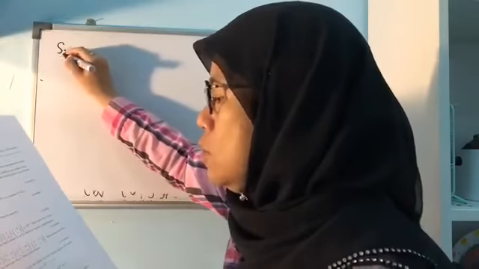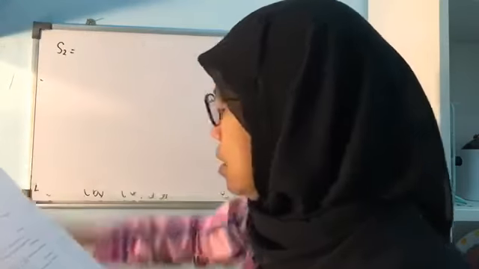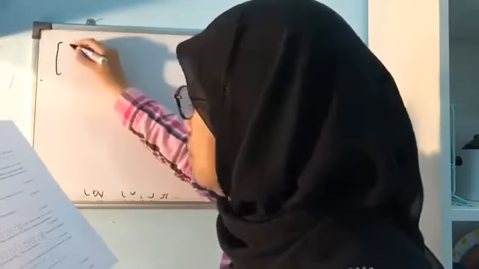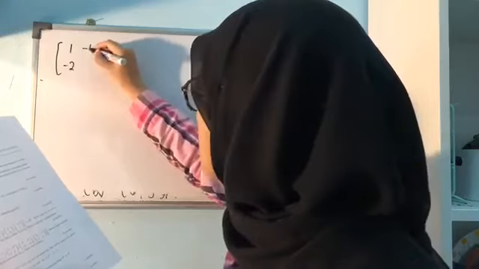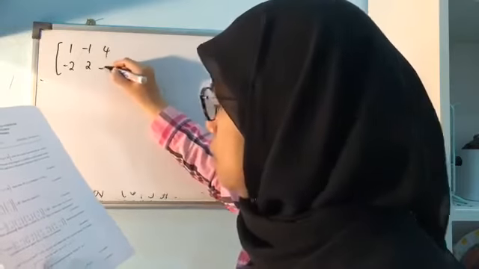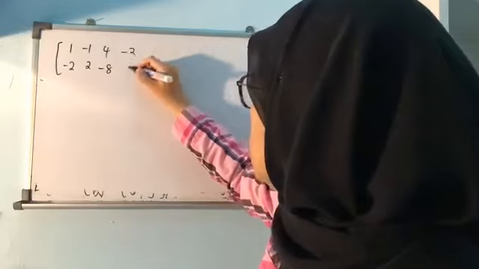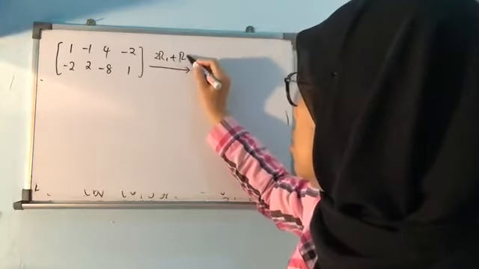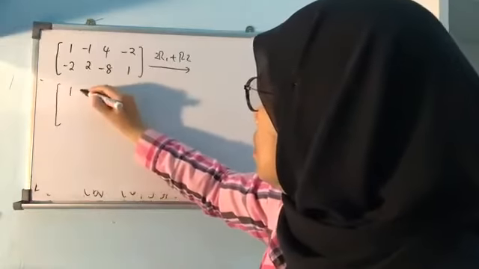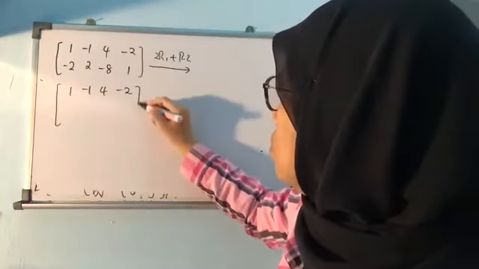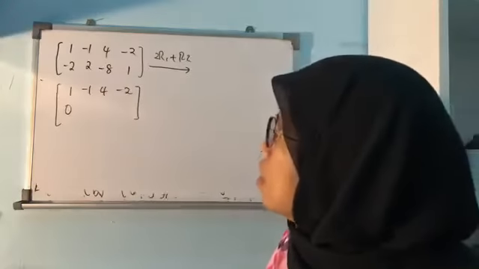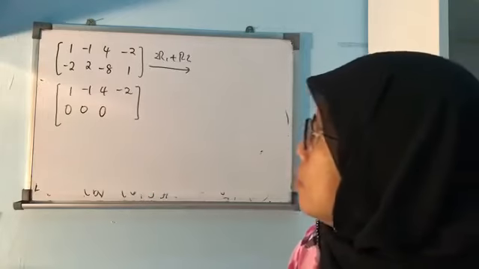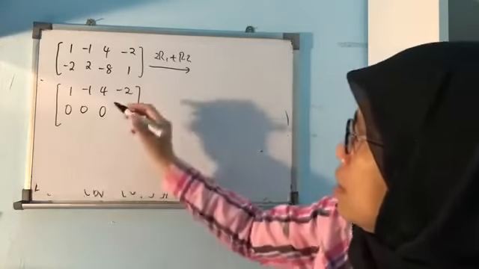So S2. What we can do is we can reduce 1, negative 2, negative 1, 2, 4, negative 8, negative 2, 1. Reduce, R1 plus R2. 1, negative 1, 4, negative 2, 0, 2 and add, 0, 0, negative 3.